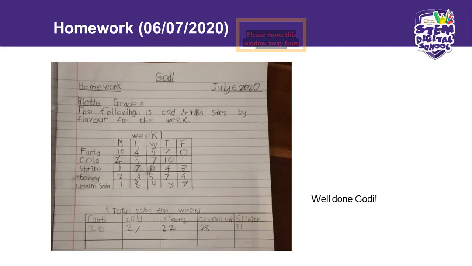I heard somebody say that when you're a carpenter, you must be careful when you cut your material. Carpenters say you need to measure twice and cut once, meaning that you need to double check when you are doing your calculations. So for Fanta, it's 26.